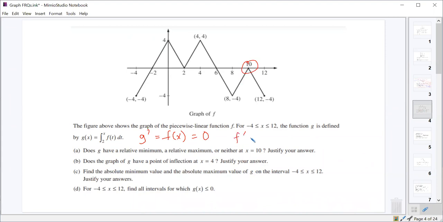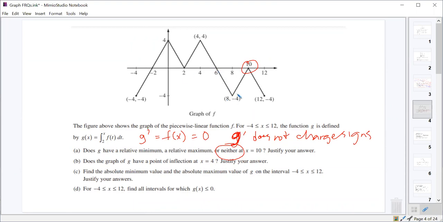But does f prime change signs? It does not. Just because the derivative is 0 does not mean that you definitely have a max or a min. In this case, sorry, not f prime, this should be g prime, does not change signs.